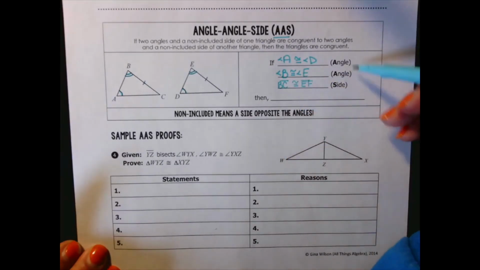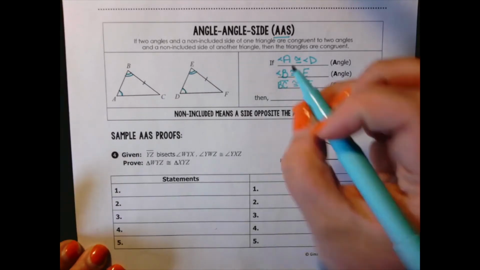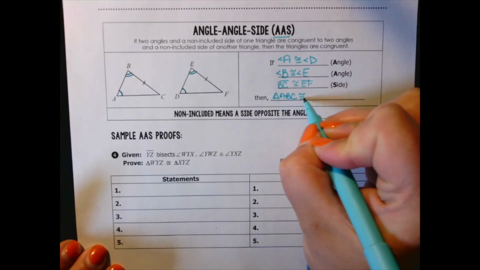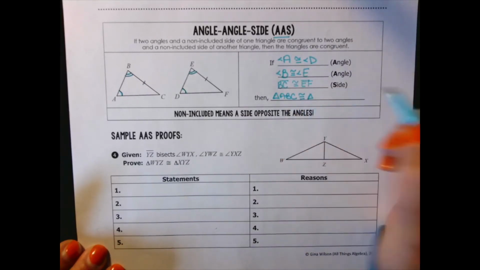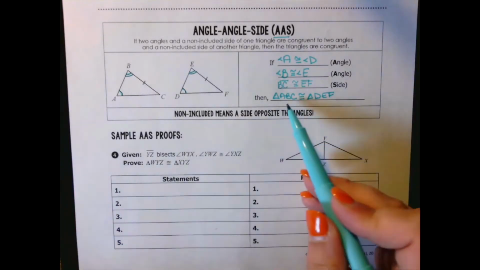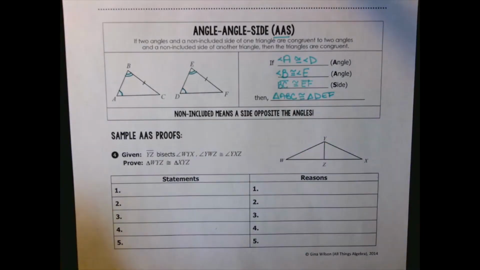So if we have two angles and a side across from those two angles that are all congruent, we can say that triangle ABC is congruent to triangle DEF.